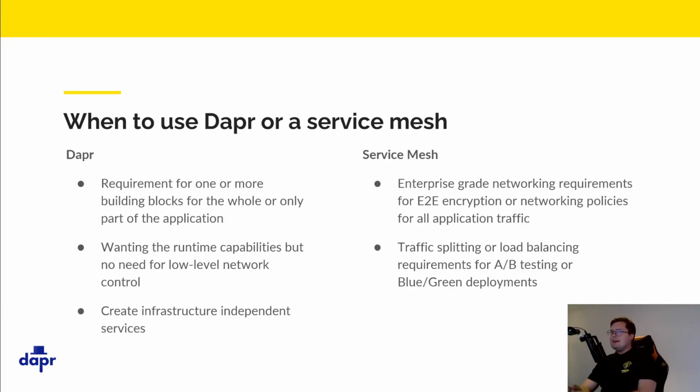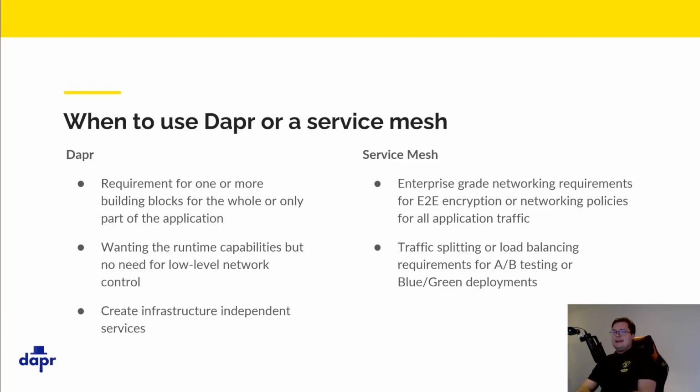So if you're thinking about using Dapr to replace some of your service mesh capabilities, please keep in mind these requirements. So if you do need traffic splitting or load balancing requirements for A/B testing or blue-green deployments, or if you have an enterprise-grade network in which you have requirements for end-to-end encryption of all traffic to be compliant with networking policies, then you still need a service mesh.